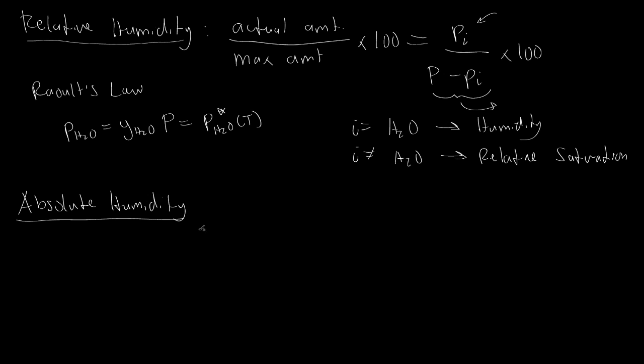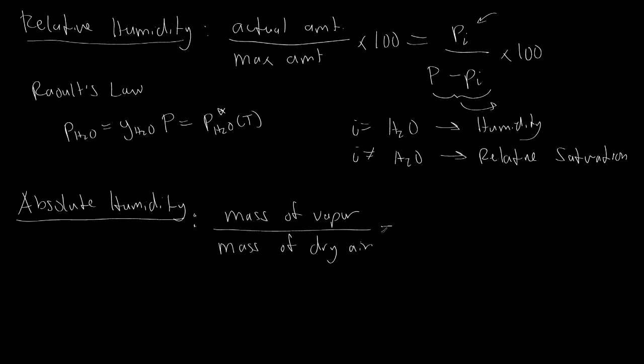In absolute humidity, we define this as the mass of vapor divided by the mass of dry air. Air is the most common non-condensable component, but it is not necessarily the only one. You could have some sample of, let's say, benzene in argon, in which case argon would be the dry product as opposed to air, and you would not refer to it as humidity, we would refer to it as saturation.